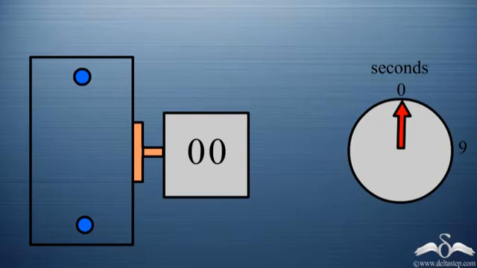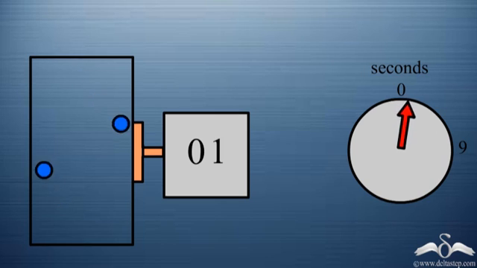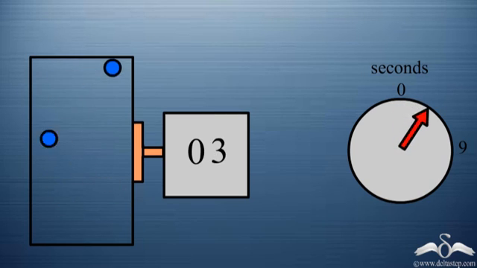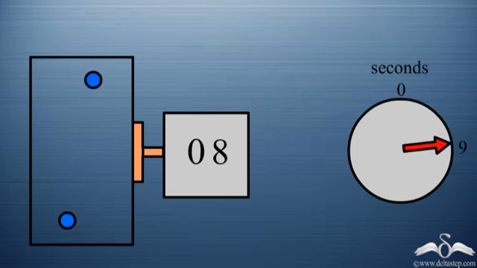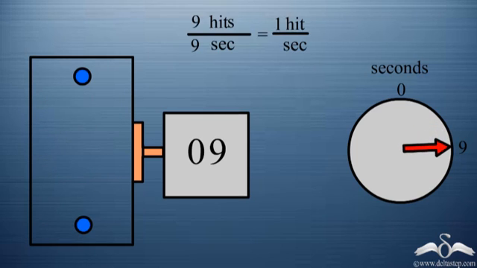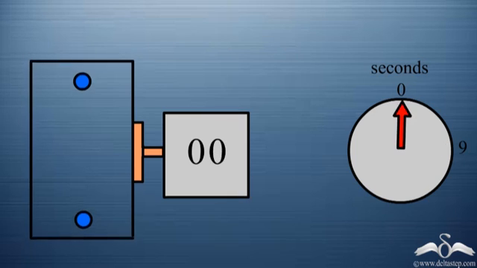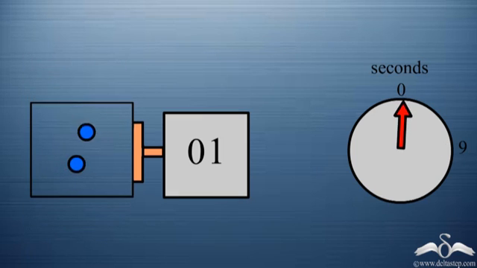Now let's observe another case. This is the volume in which the gas molecules are enclosed. As they are in a state of constant motion, in 9 seconds, we get 9 hits. That means 1 hit per second.